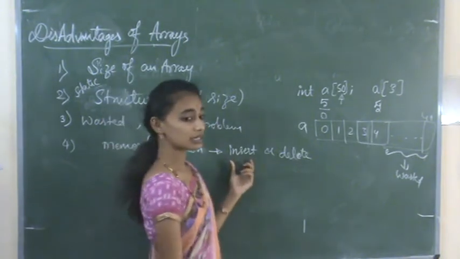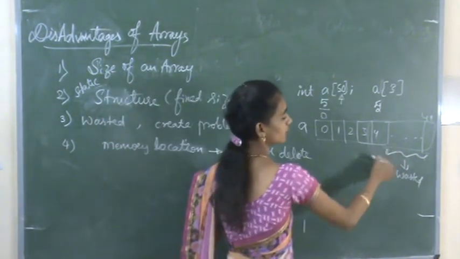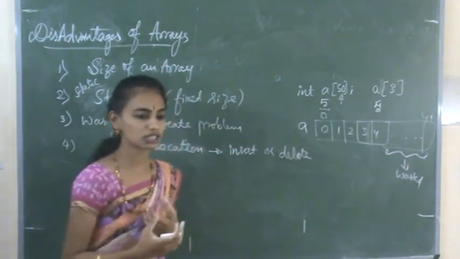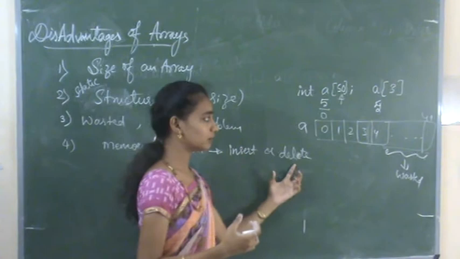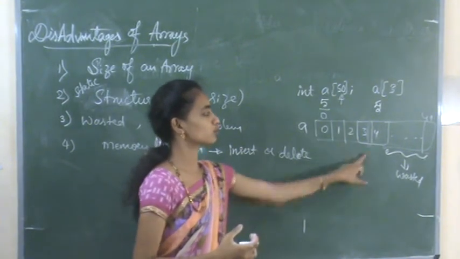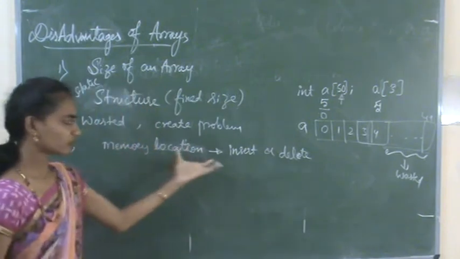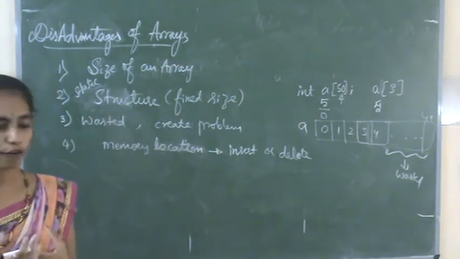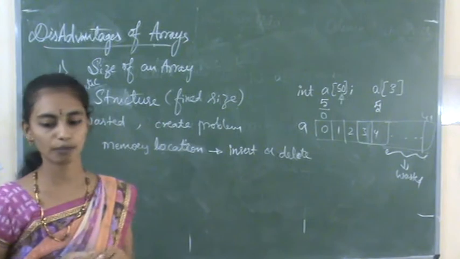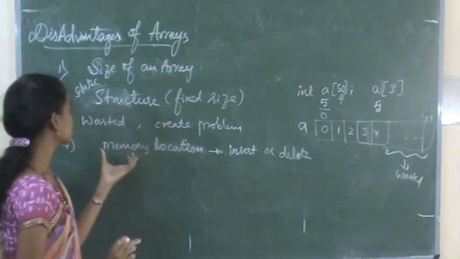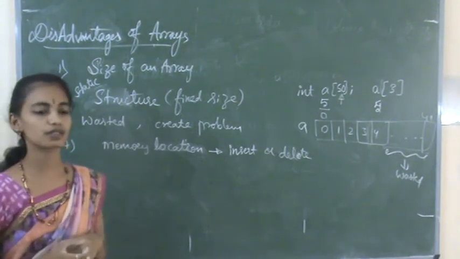If you want to insert an element, we are shifting all the elements, so it takes too much time. If you want to delete an element, we have to shift these elements to this side, right? So this takes a lot of time to perform this operation, and it is very difficult. So these are the 4 disadvantages of an array.